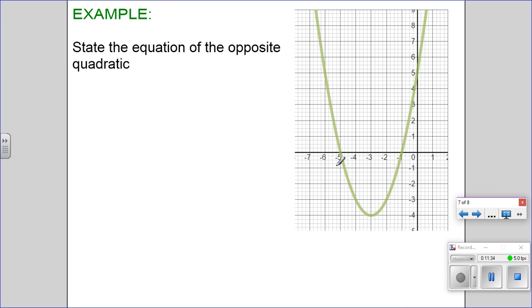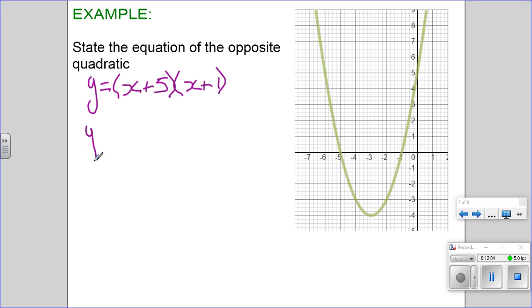So let's take a look at this example here. I want to state the equation of the quadratic opposite. Because we know about quadratics in factorised form already, we know that this can be written as y equals (x plus 5)(x plus 1), because those are our two roots, negative 5 and negative 1. But that's because this equation has roots.